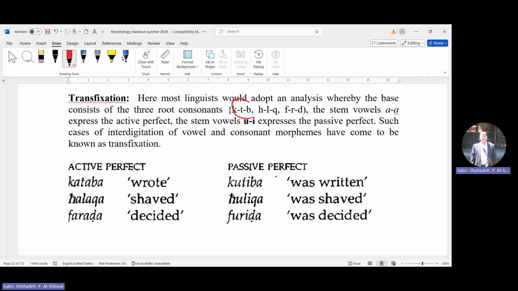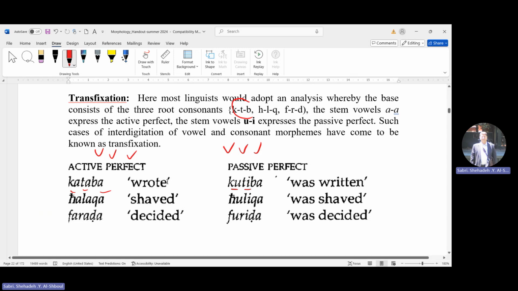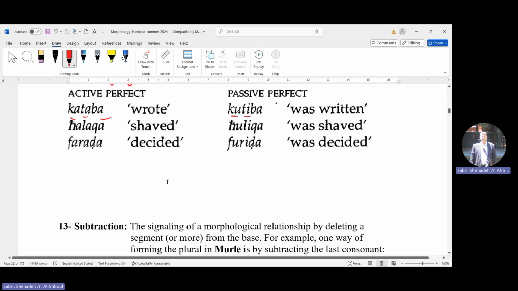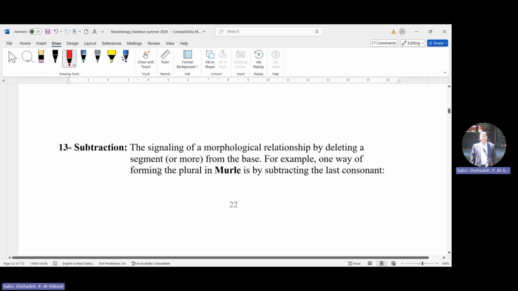So for "kataba," we have the insertion of vowels giving "kutiba," and so on. Here, the insertion of vowels determines the part of speech, template, or form. This will be provided in detail in the coming classes.